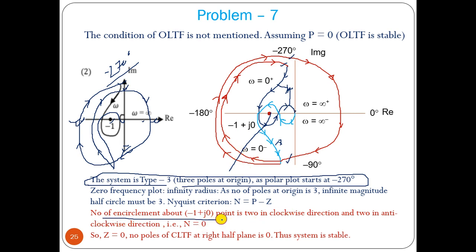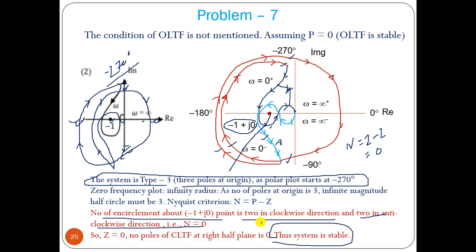So the number of encirclements about this critical point is 2 in the clockwise direction, these two, and these two anti-clockwise. So N becomes 0, 2 anti-clockwise and 2 clockwise, minus 2. So N becomes 0, P 0, so Z 0. So the system is stable.